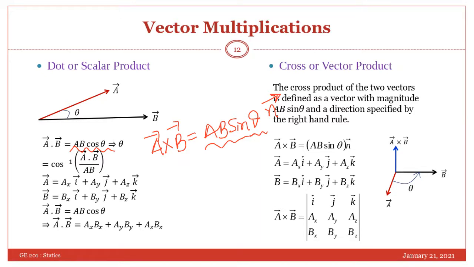And what is the direction? What is the direction whose unit vector this is? That we can get with the help of the right hand rule. And what is the right hand rule?